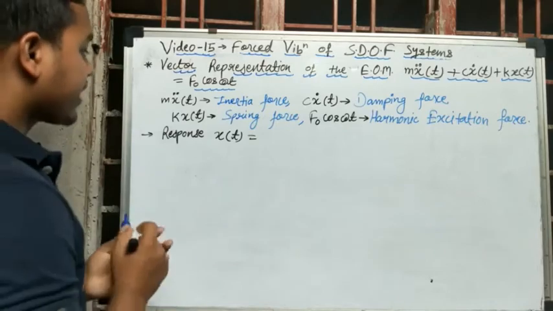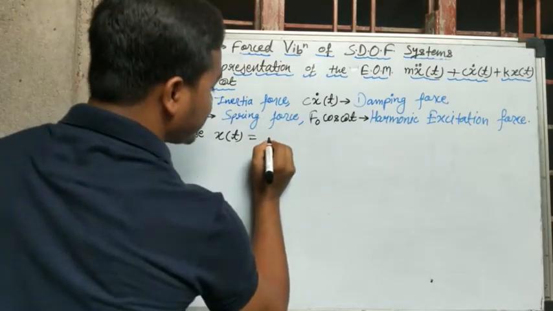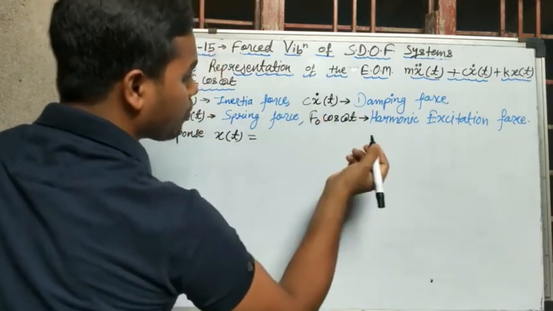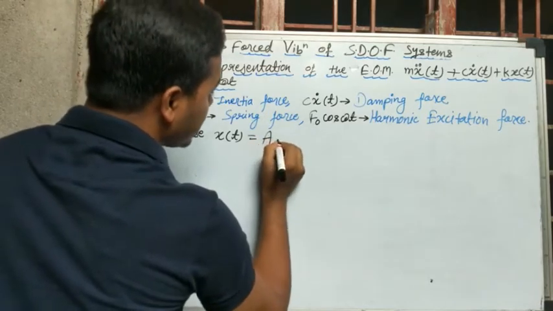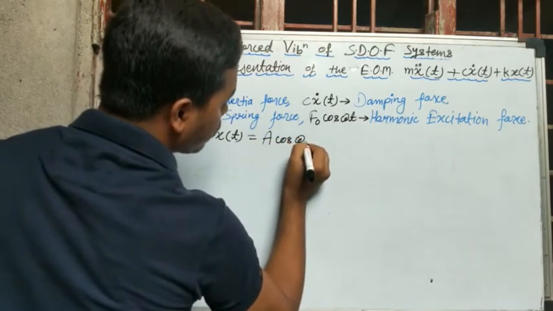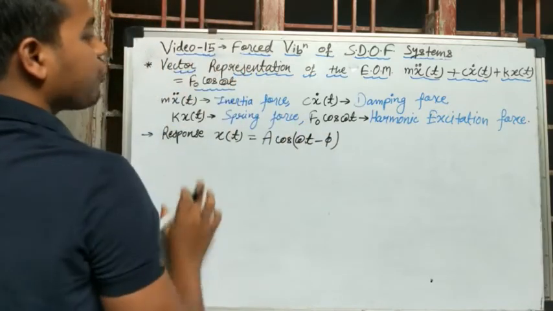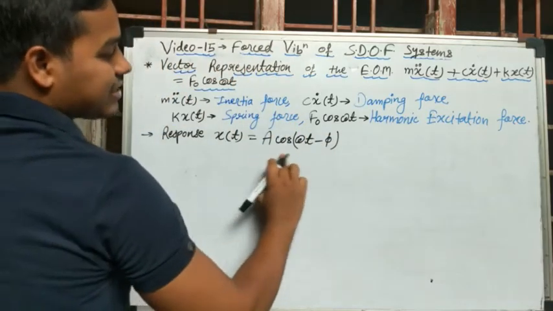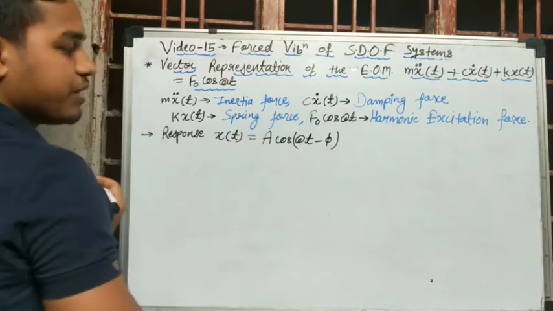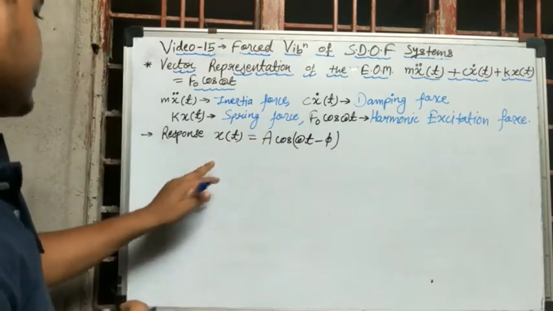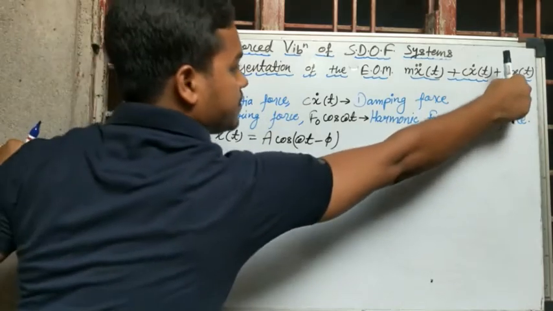So I can simply write the response as the steady state response. The formula for the steady state response is A cos(omega t minus phi). So this is my x(t).